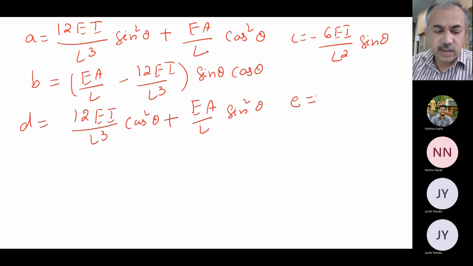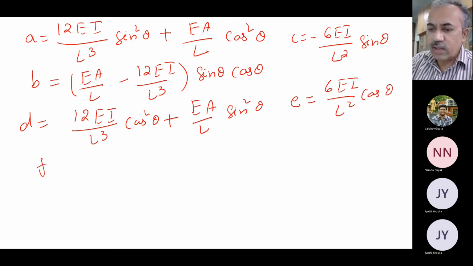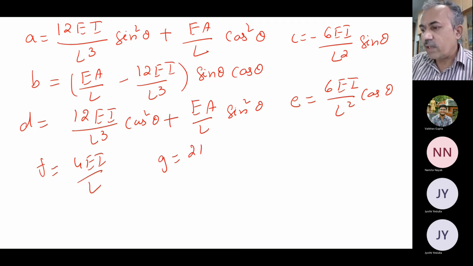And then E is 6 EI by L square cos theta. Then F is 4 EI by L, and then G is 2 EI by L. So this is our actual stiffness matrix.